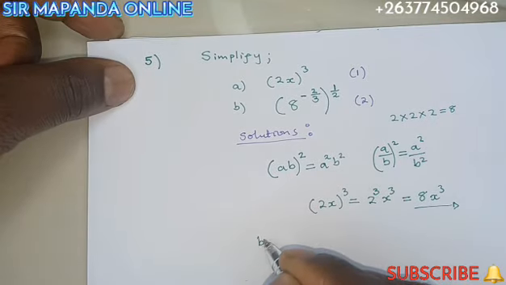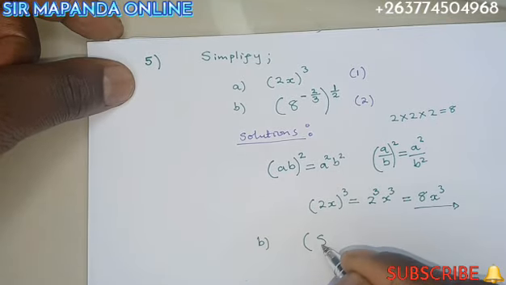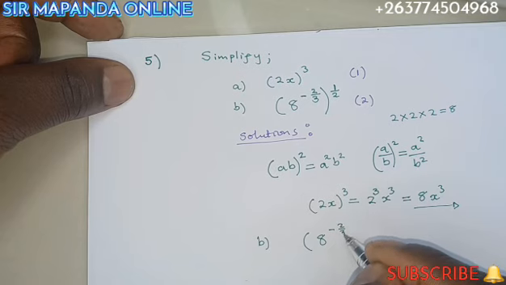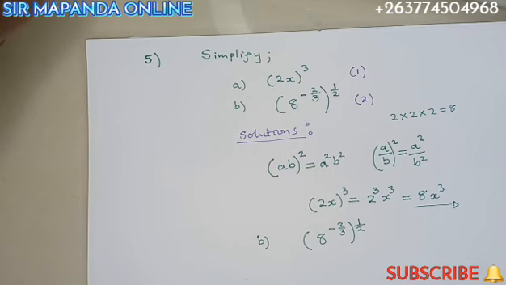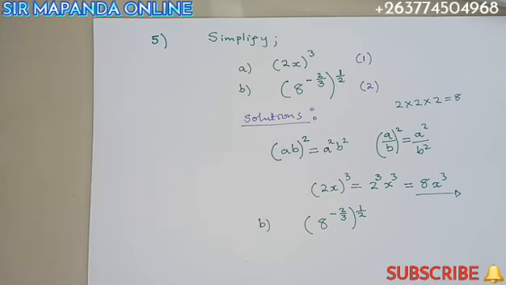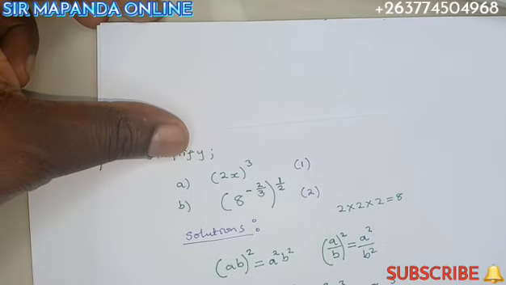Then we move on to part B. We are given (8 to the power of minus 2 over 3) all raised to the power of half. Right. So the first thing to do is apply another law of indices.